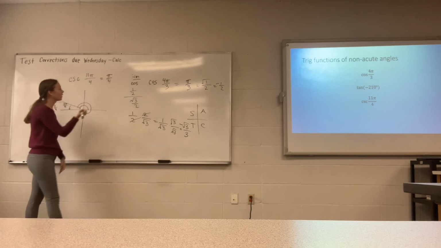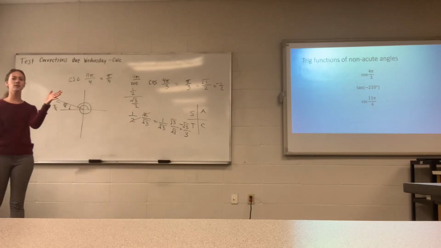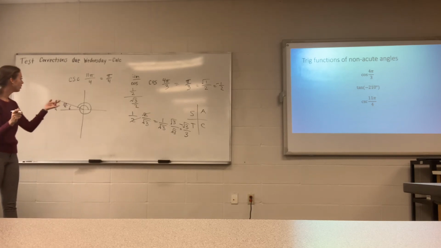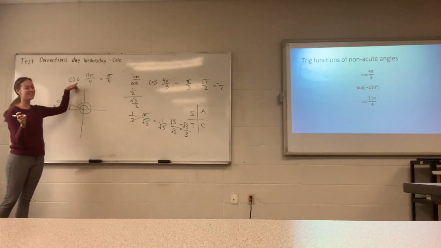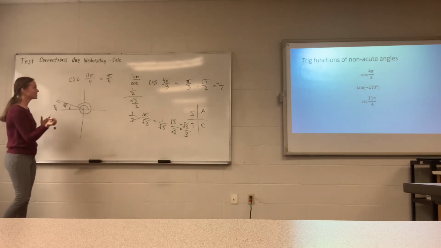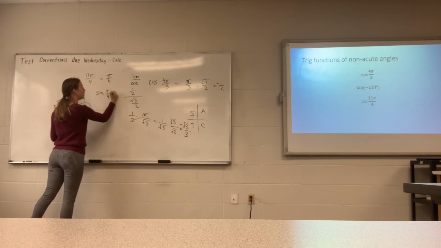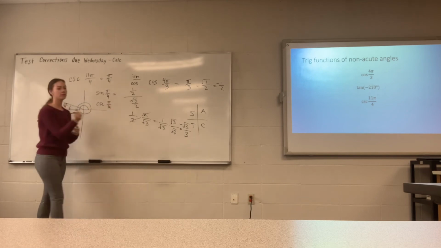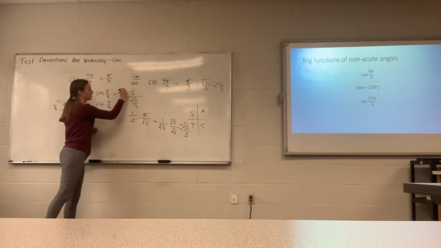Pi over 4 is actually what I'm going to be using. So then pi over 4, what finger is that? Middle finger. Cosecant, what does cosecant go with, guys? Sine. So let's find our sine at pi over 4, and then we can flip it to get our cosecant at pi over 4. Square root of 2 over 2. Shannon just said our sine at pi over 4 is square root of 2 over 2.